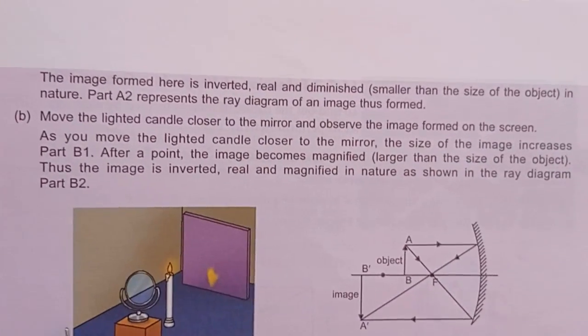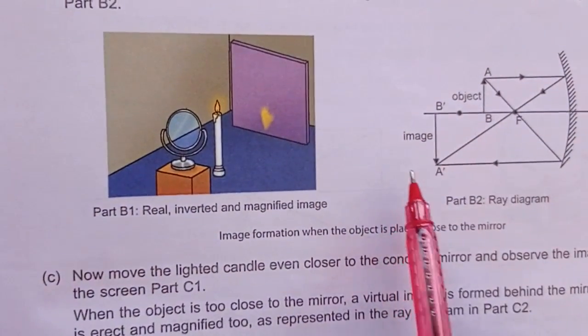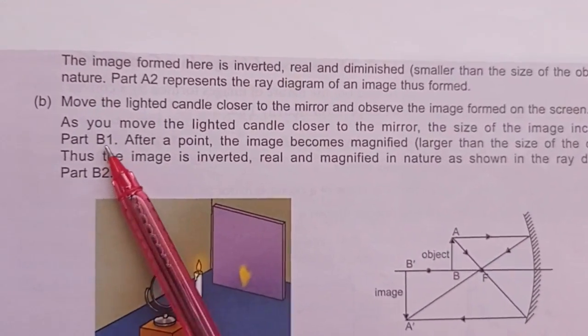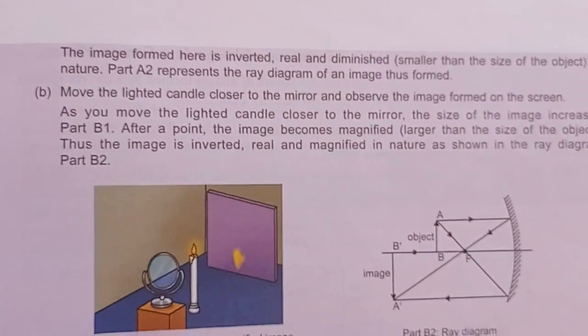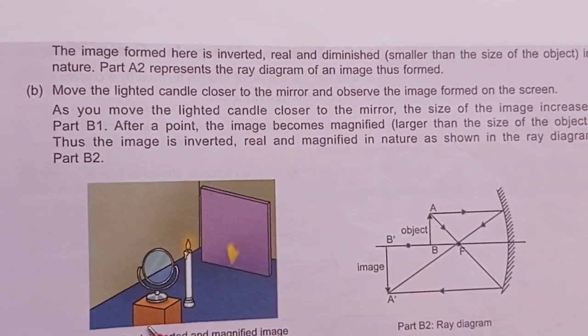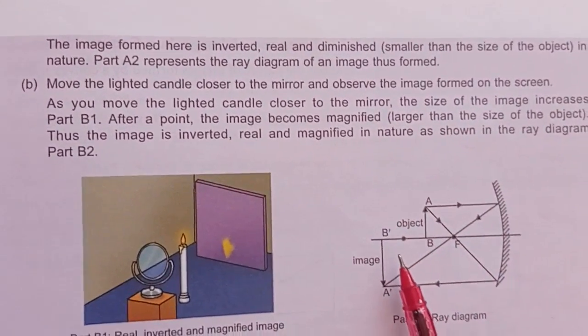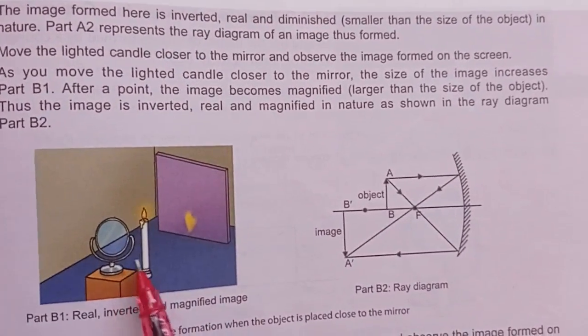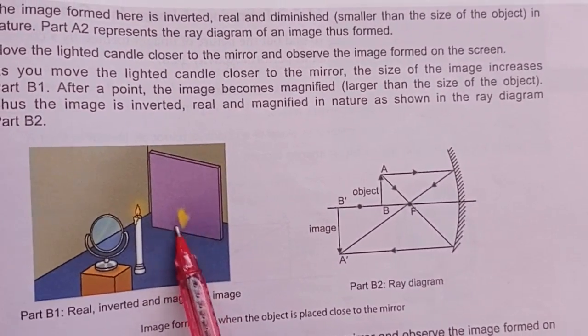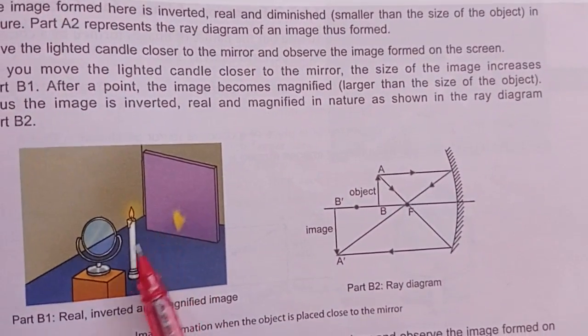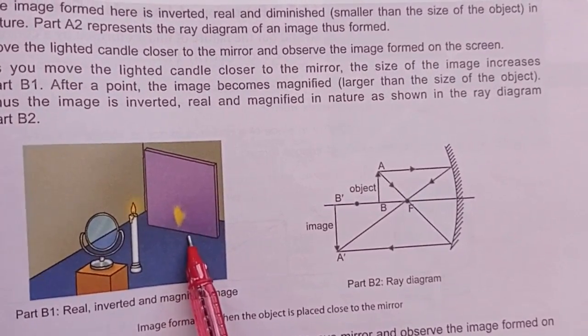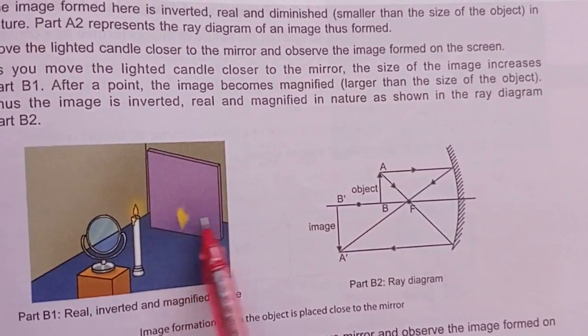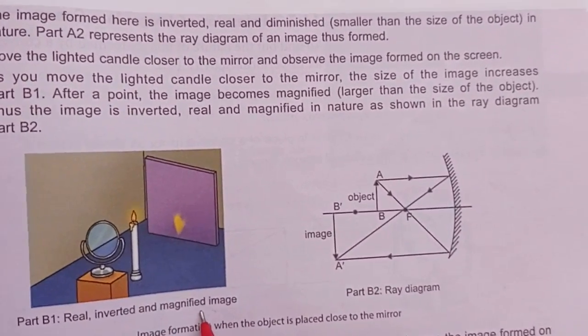So now students, here what we are taking, now here we are moving the lighted candle closer to the mirror, mirror के नज़दीक रख रहे. Now we are going to observe on the diagram. So what will happen, here also we are getting the inverted image, right, it would be real, उल्टा होता है मतलब it is a real image, and it is magnified मतलब बड़ी image आपको मिलेगी.